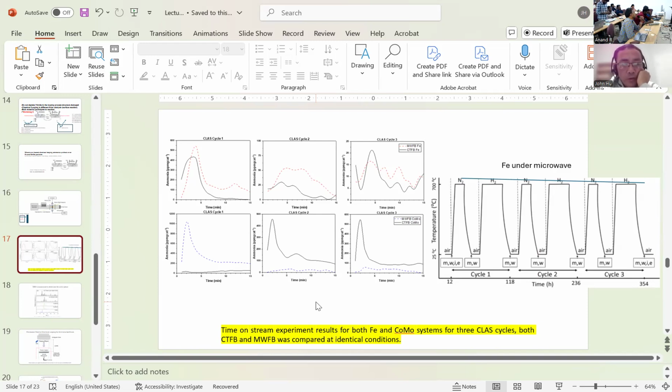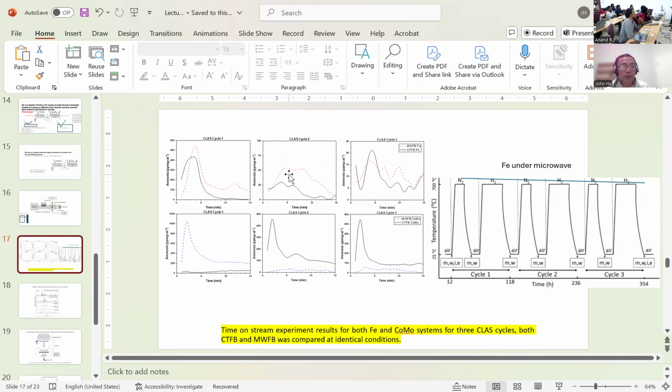Chemical looping, cycle 2. Look at my cursor. Are you talking about this cycle 2 or this cycle 2? This one. Okay, so you are asking why the shape of the peaks are different. Is that correct? Yes, sir.